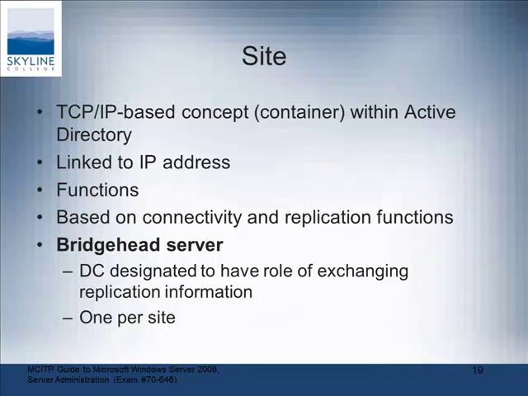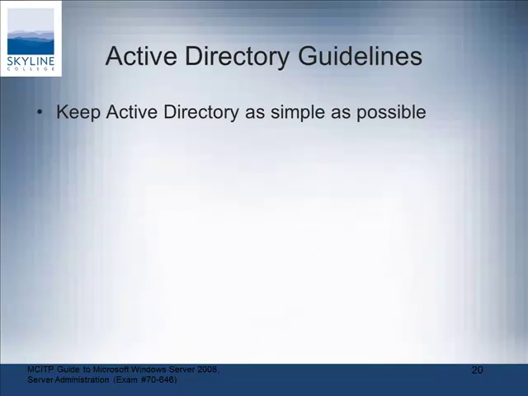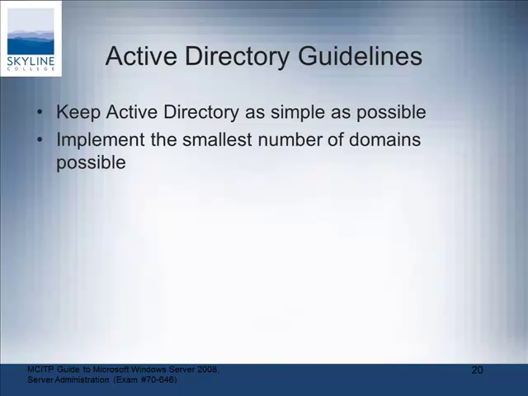Across site to site, generally it's going to be on a WAN, which can be a fast WAN or a slow WAN. What you don't want to do is tie up all your internet capability with replication because it can get big. It's not all the time, but it can be. Rules: keep it as simple as possible. Rules for Active Directory: you set it up to make it efficient for you to manage your network.